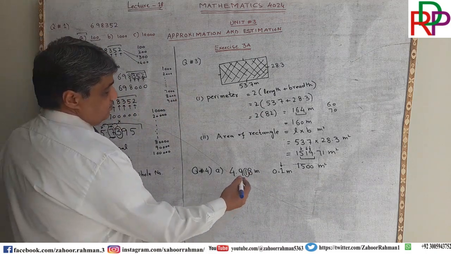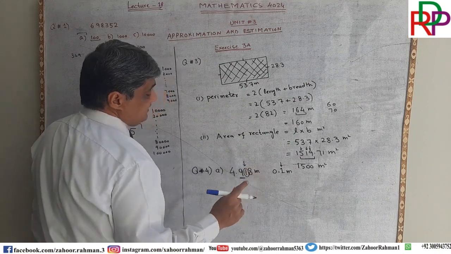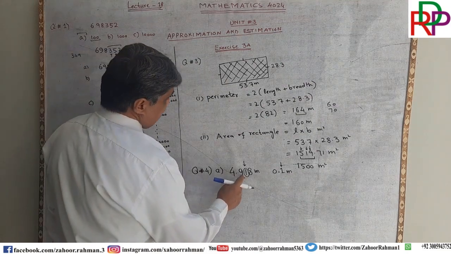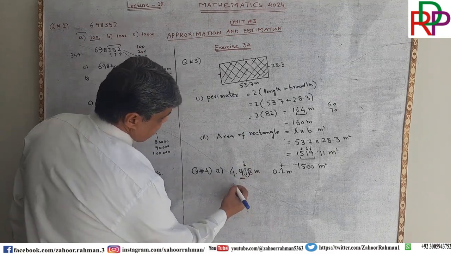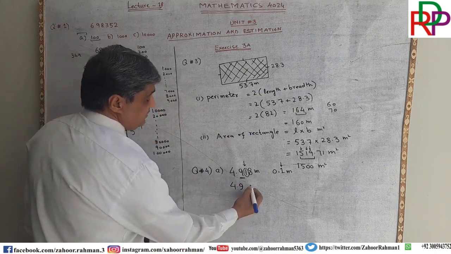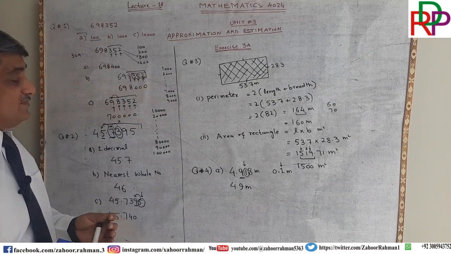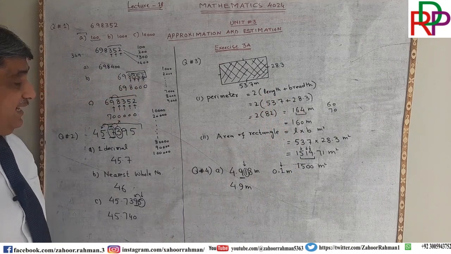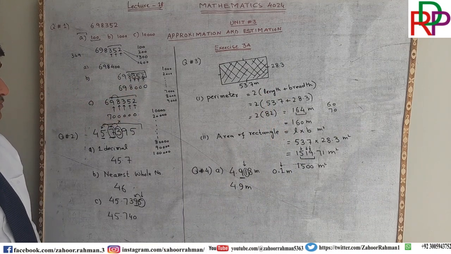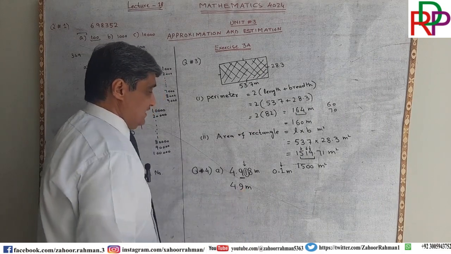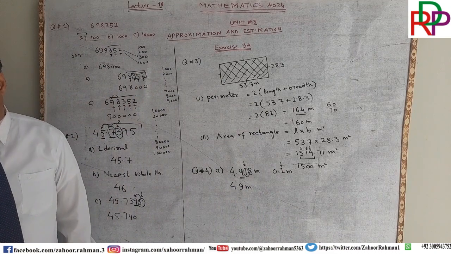If the circled number is greater than or equal to 5, then you have to add 1 to this 9. But in this particular case, you do not have a number greater than or equal to 5. So you have to ignore the 1 and 8, and write 4.9. That will be the answer to 1 decimal accuracy.